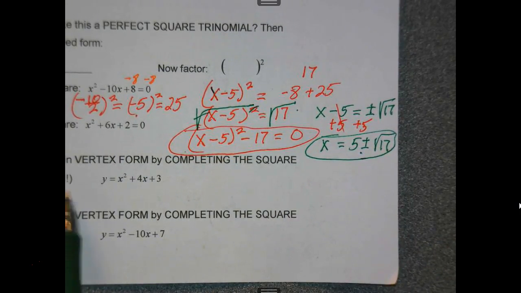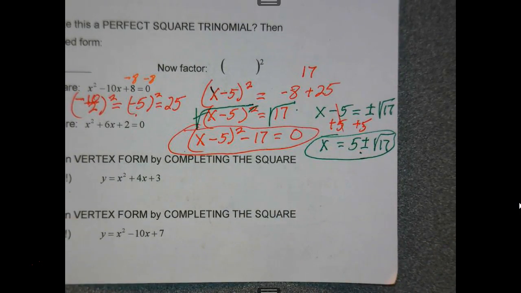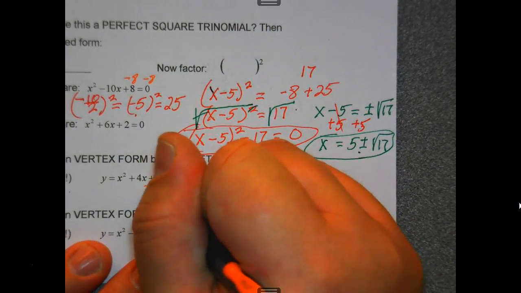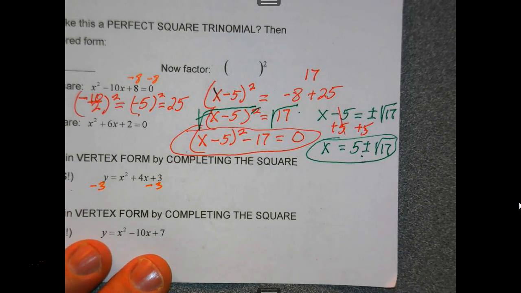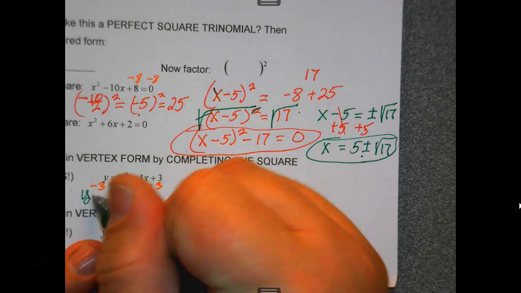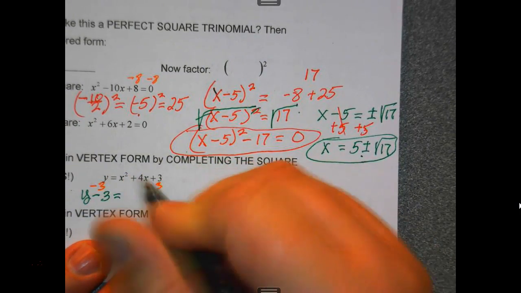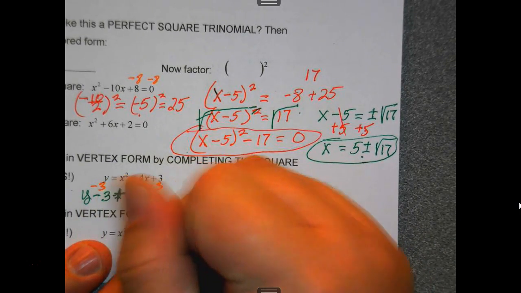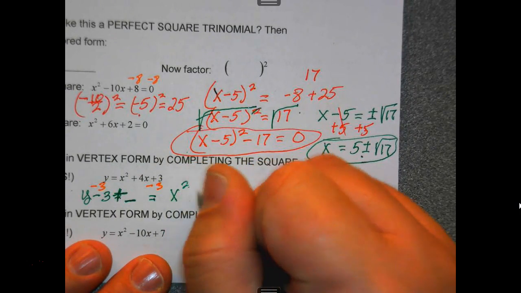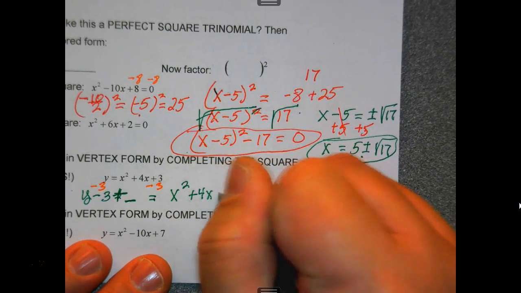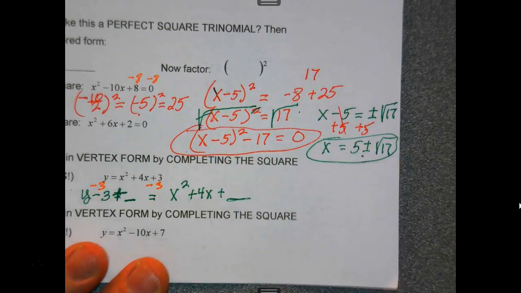Hey, look at the next question. Write it in vertex form. Subtract 3, subtract 3. I get y minus 3 equals, oh, we're going to add a perfect square, equals x squared plus 4x plus a perfect square.